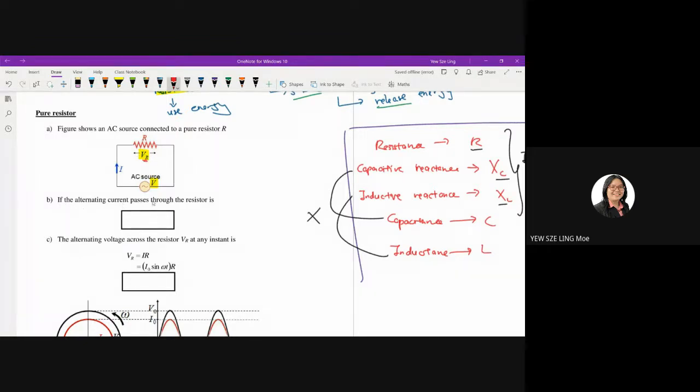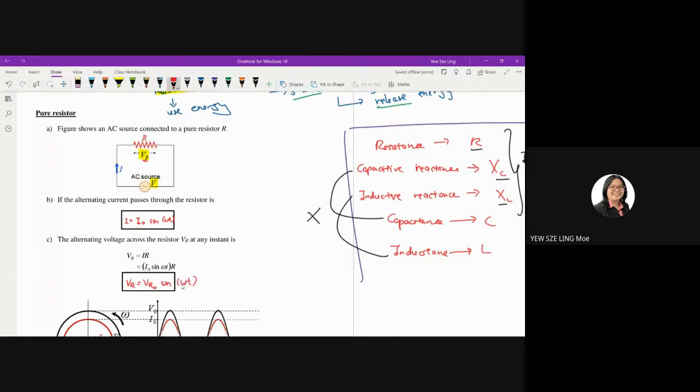If the alternating current passes through the resistor, the current can flow through without any issues. So we have I equals I naught sine omega t. The moment you switch on the power supply, it starts from 0, then it starts flowing through the resistor. Since V equals IR, substituting the equations, you will obtain VR equals VR naught sine omega t.